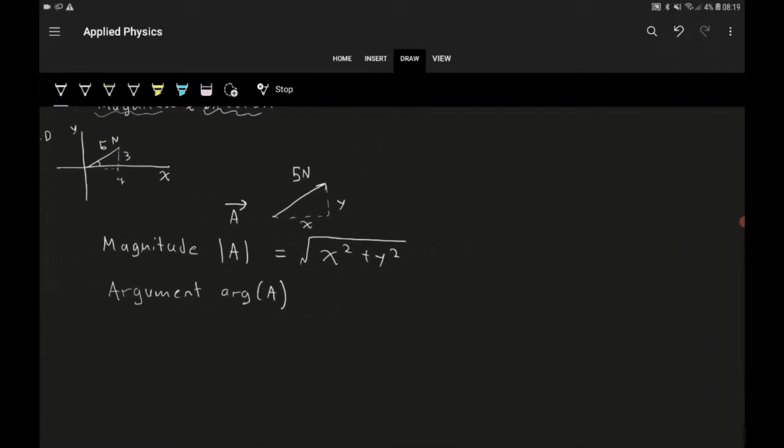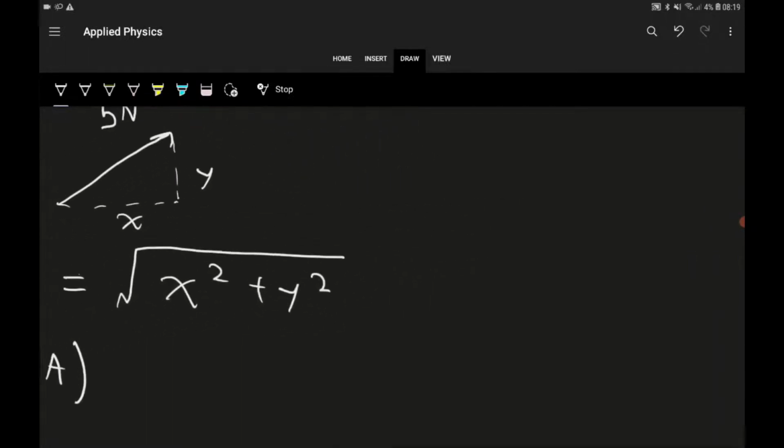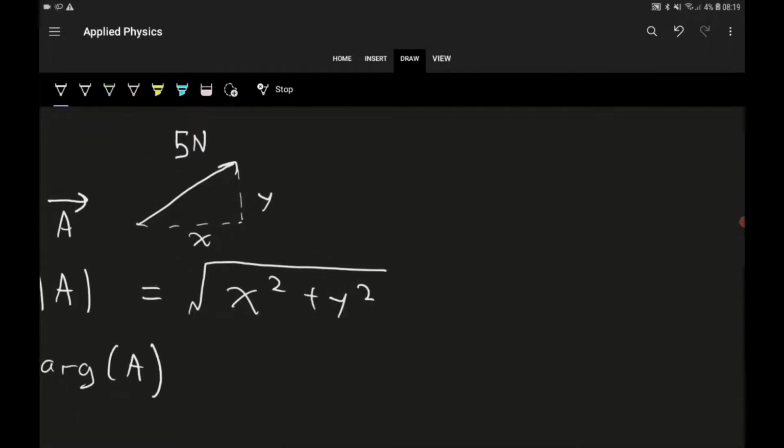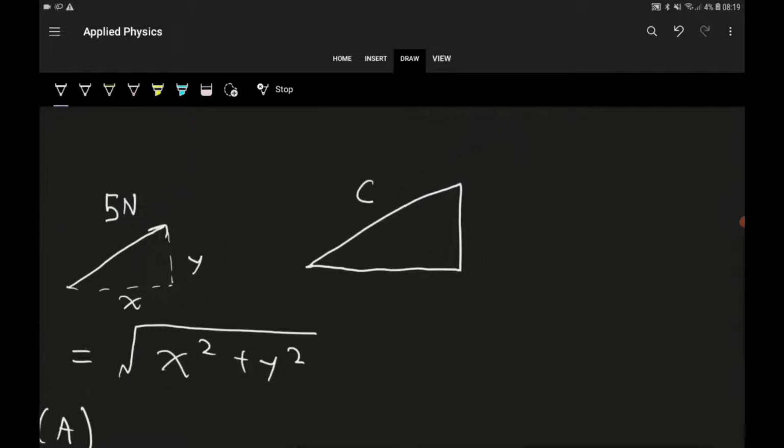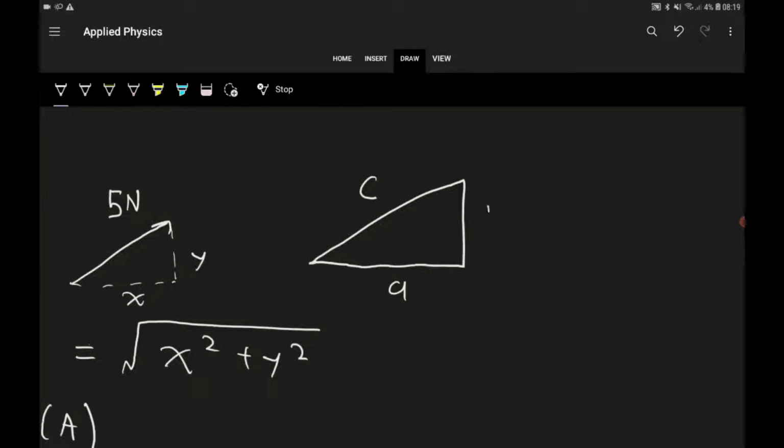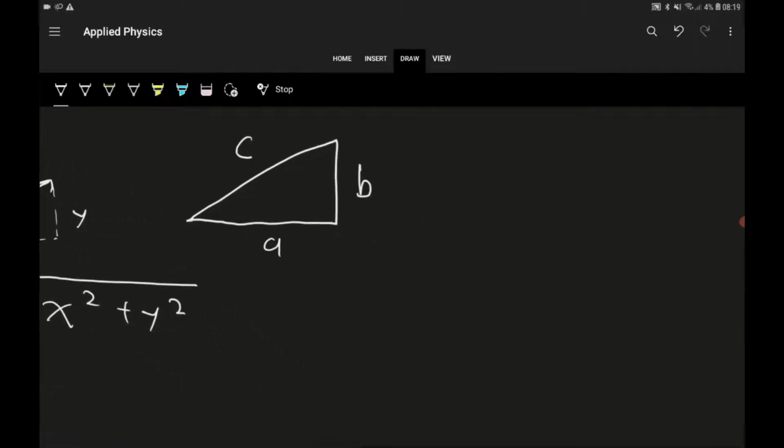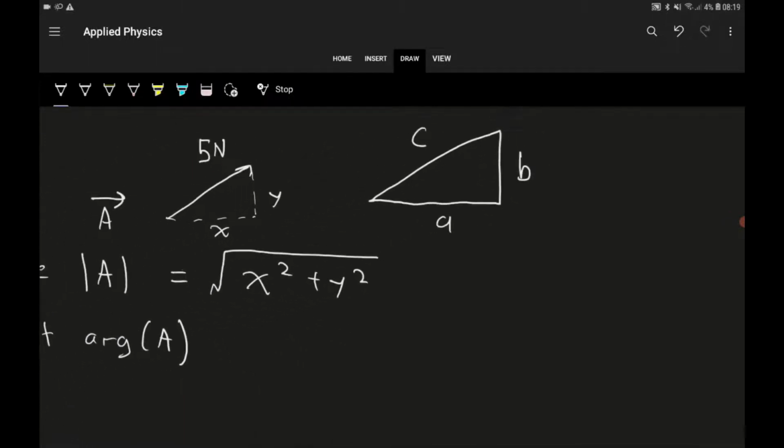From secondary math, you would probably have learned the Pythagoras theorem. So if we have this side C and these sides A and B, I'm sure you can already see the relationship between the Pythagoras theorem and finding a magnitude.